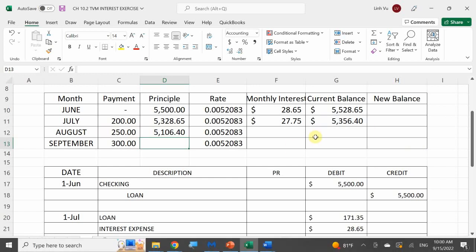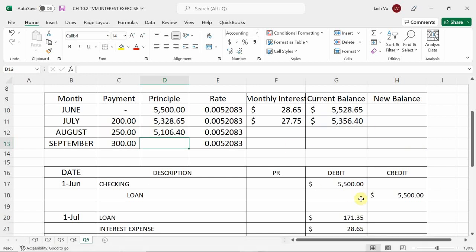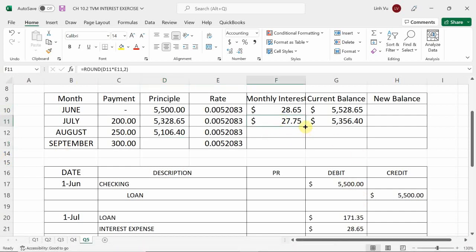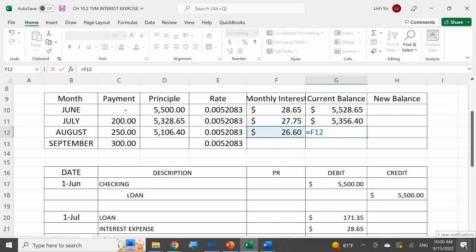All right, so let's go ahead and do the next one. So how much interest would I be collecting as of August? $25.60. Okay, and therefore, $5,133.